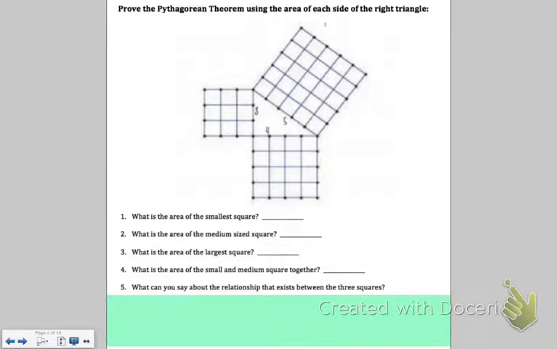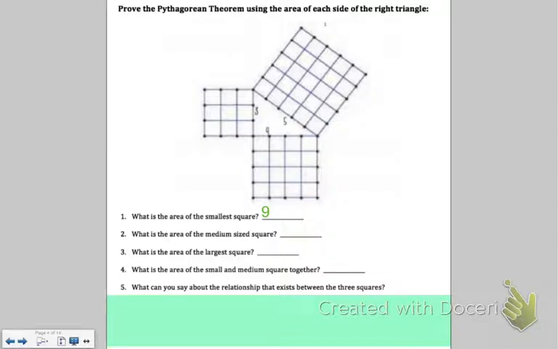So we're going to show that the Pythagorean theorem says the area created by the lengths of the two smaller sides is equal to the area of the larger side, our hypotenuse. The area of the smallest square, which has a side length of 3, this vertical side, is 9 square units.